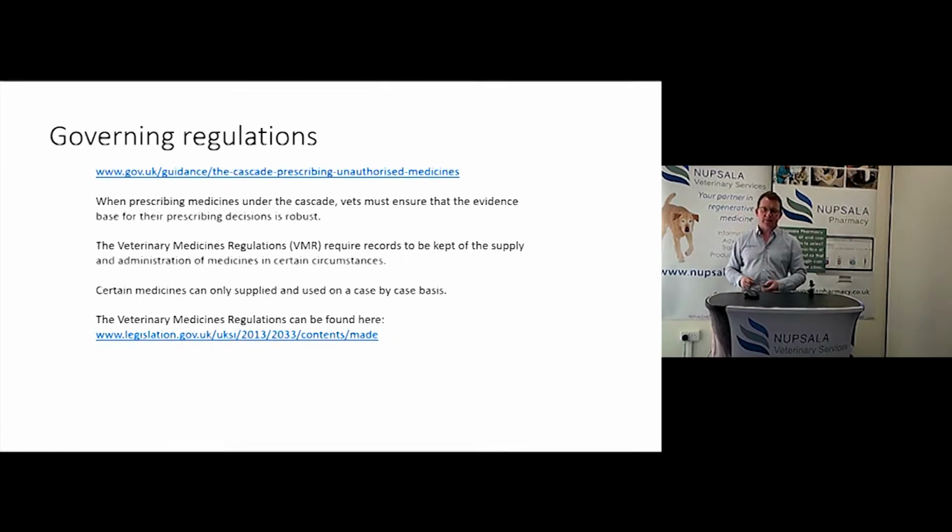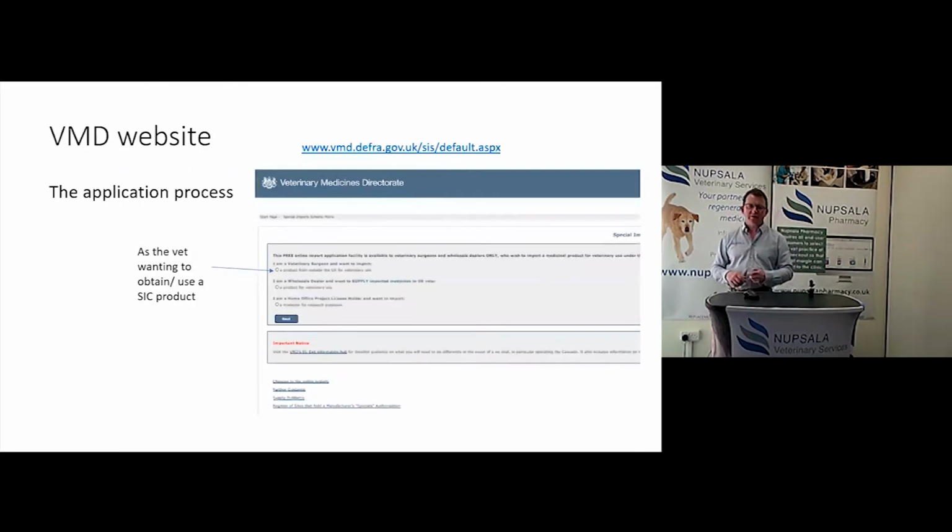Okay, so the next thing I'm going to take you through, and this is an area which some people have never done before, is a little bit of a self-tutorial on how to use the VMD website to gain an SIC for the use of a veterinary medicinal product outside of the UK, or a human licensed product outside the UK.